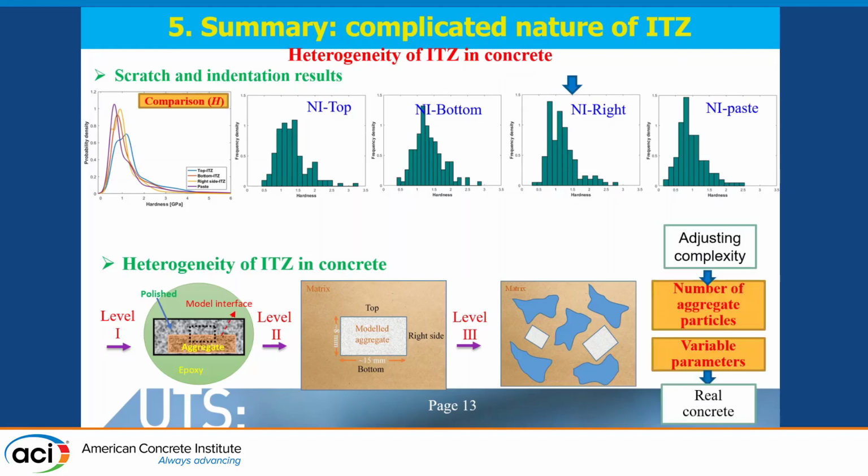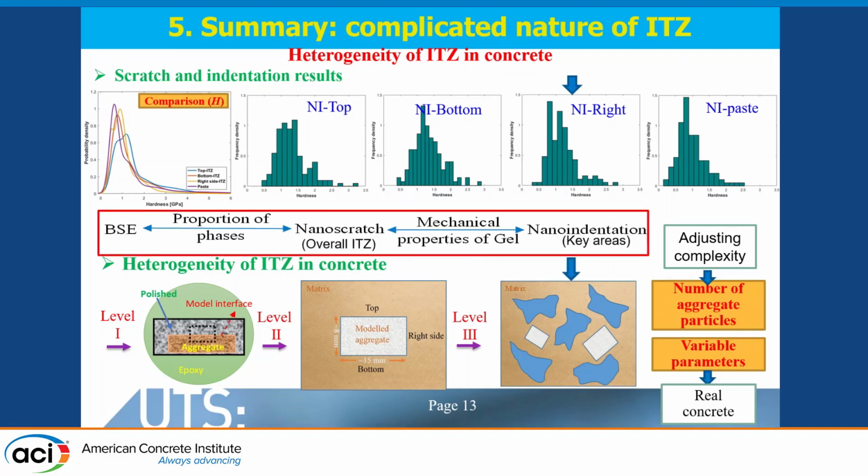And level 3 is real concrete. You have all different kinds of interfaces that you should study, lots of complicated interfaces. This is the real one. We also say maybe it's a good idea to use the SEM first, so you can know the proportion or range of different phases.